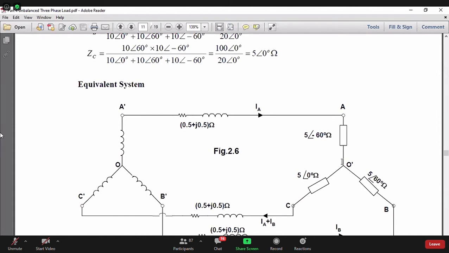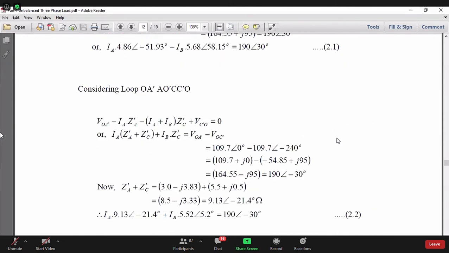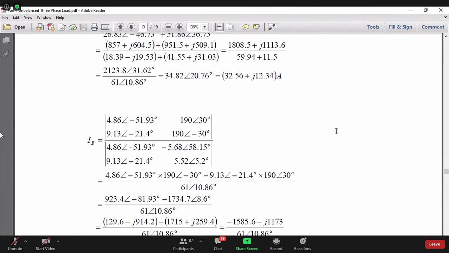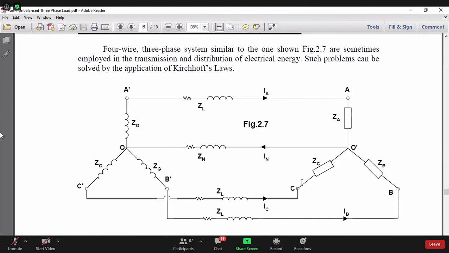That's the big problem. So these are all neutral, so it's a four-wire star. By the way, please remember, if it is a four-wire system, it cannot be delta. It has to be star. Delta is always a three-wire system. So it's a four-wire star with a neutral impedance.